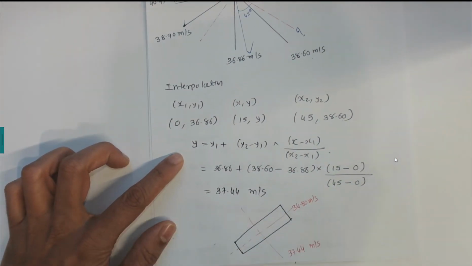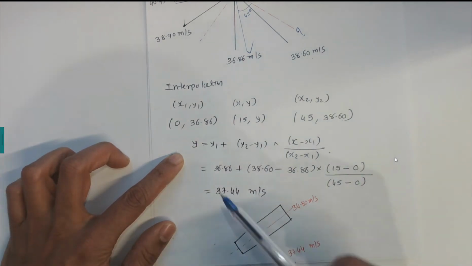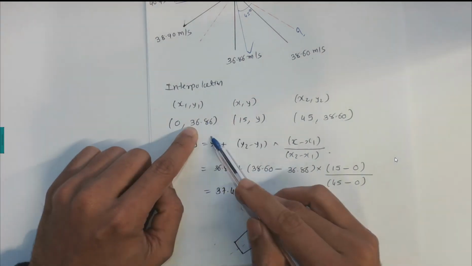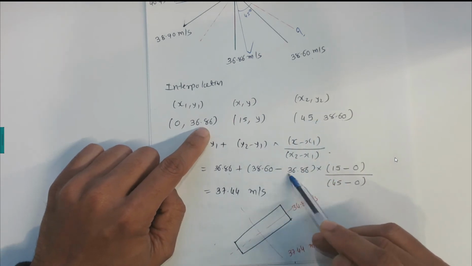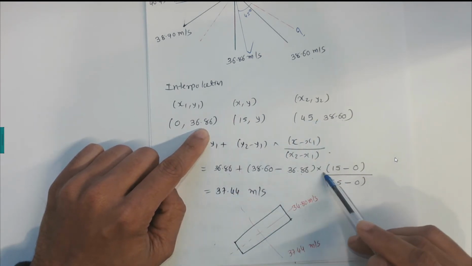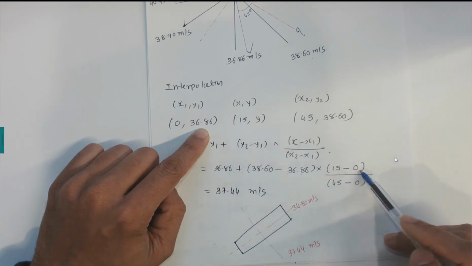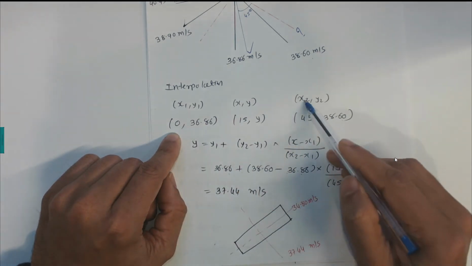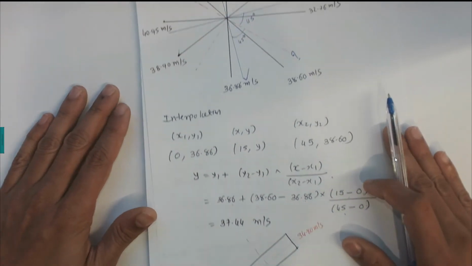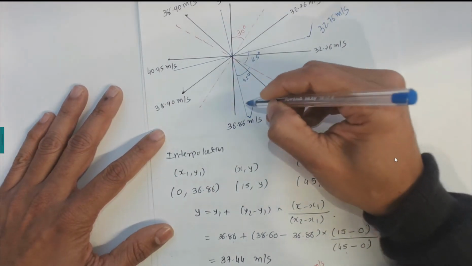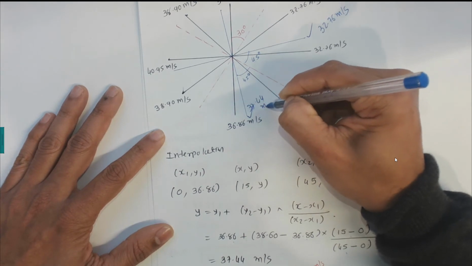Substitute the values: 36.86, which is y1, plus y2 is 38.6, take away 36.86 y1, times x 15, take away x1 0, x2 is 45. That gives us 37.44, so this value will be 37.44 meters per second.